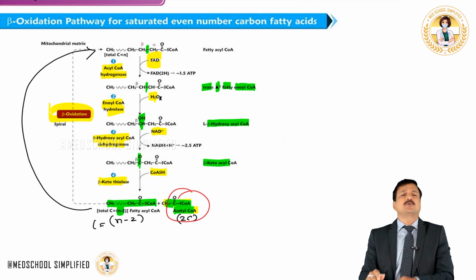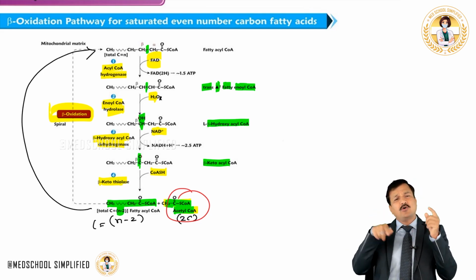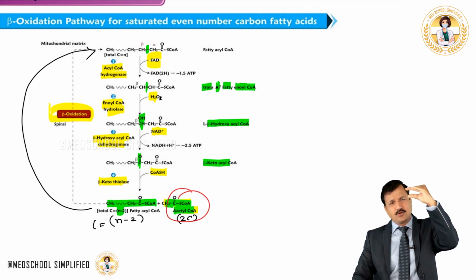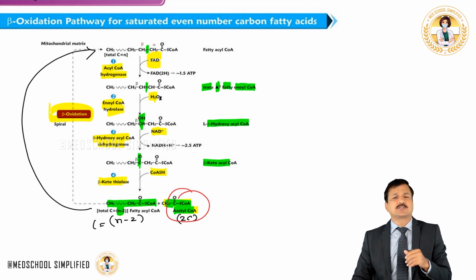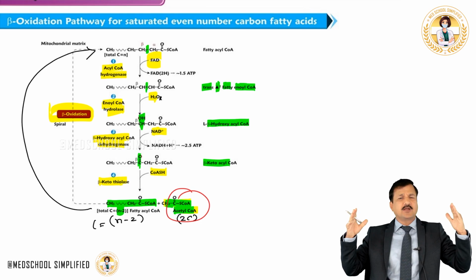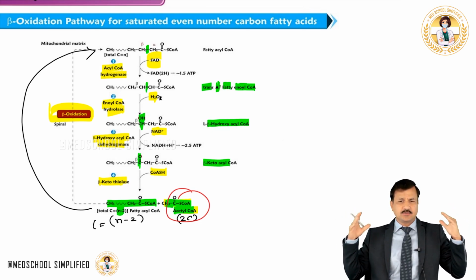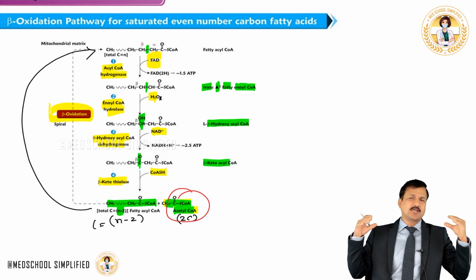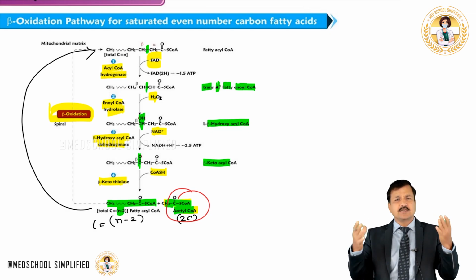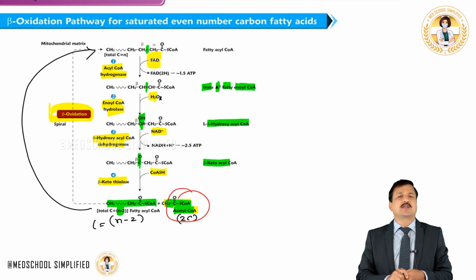That will go back into beta oxidation spiral again, and this will go on and on until 4 carbons are left over, and the 4 carbon fatty acyl-CoA finally will go into the last beta oxidation spiral, and at the end of the 4th reaction, the 4 carbon breaks into 2 plus 2, 2 acetyl-CoA. 1 acetyl-CoA 2 carbon, another acetyl-CoA 2 carbon, like this. So even number saturated fatty acid will break into acetyl-CoA molecules. Okay, and this is what is beta oxidation of saturated fatty acid.